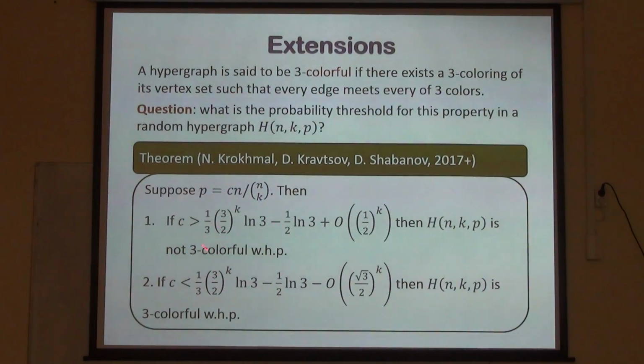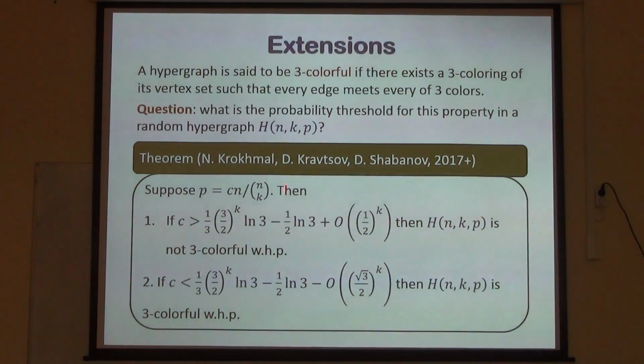If c is greater than 1 over 3 times (3 over 2) to the power k, log 3 minus 1 over 2 log 3 with some error term, then our hypergraph is not 3-colorful, and the lower bound is almost the same, because here we have the same first 2 summands, and the error term is not the same. Then our hypergraph is 3-colorable.